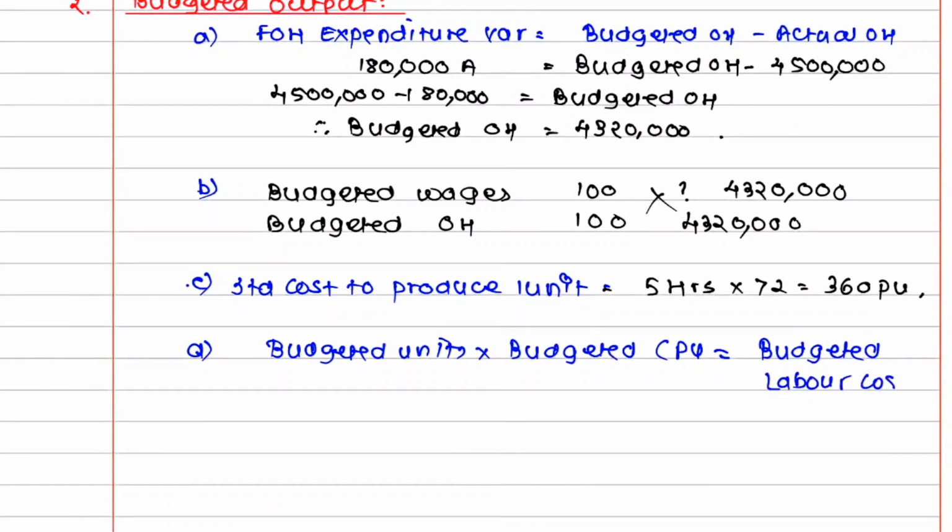Do you understand this stuff? Whatever units I have planned to produce into every unit ka kitna cost, I will get total labor cost. What do you know? On very first day, you know that this is how much? Itna. 43,20,000 as your labor cost. Achha, do you know every unit ke liye kitna lagega? 360. So, how many units you must have planned for?